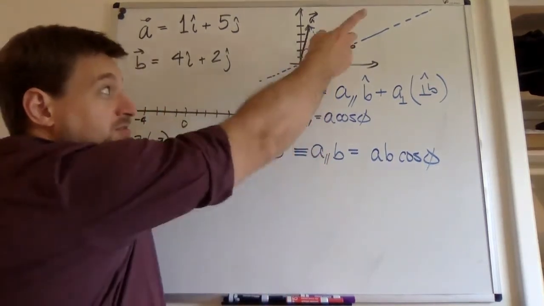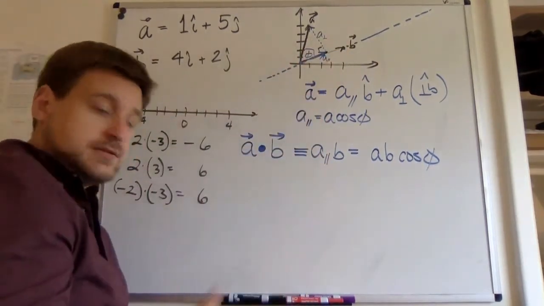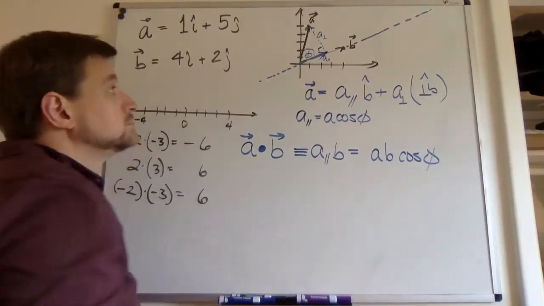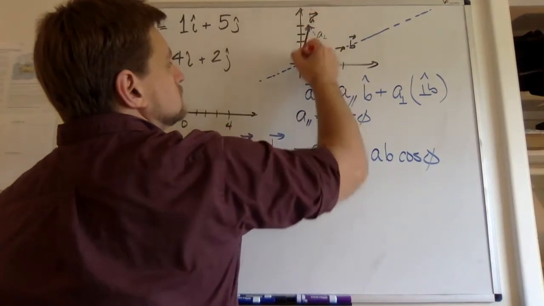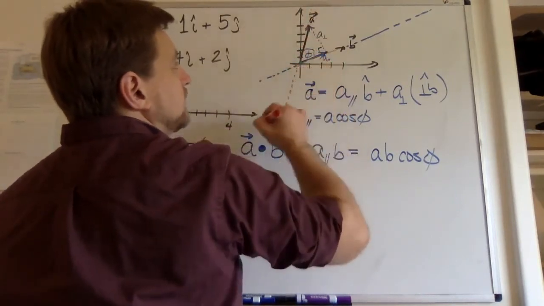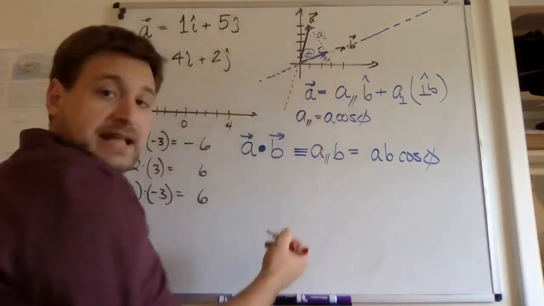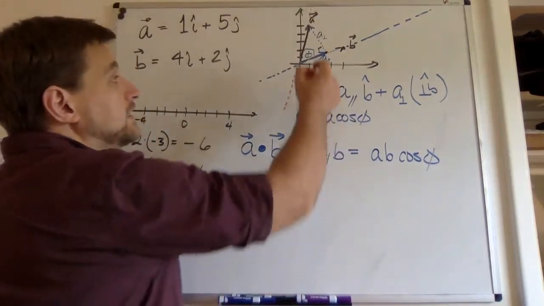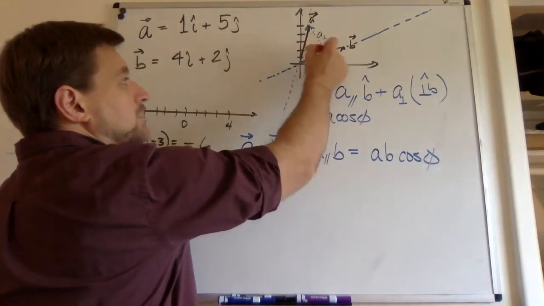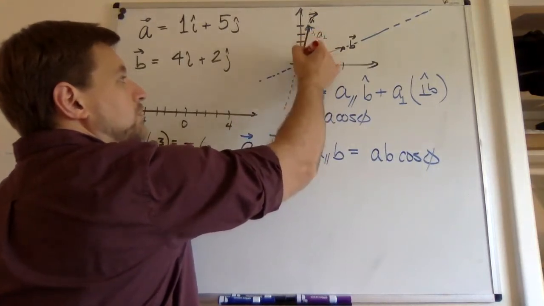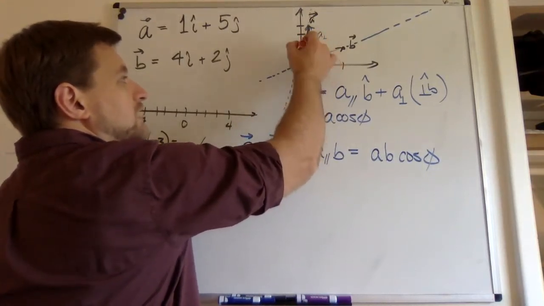Did we have to use B? What if we used A? A's number line is along that direction, and vector B has a component parallel and a component perpendicular to that direction.